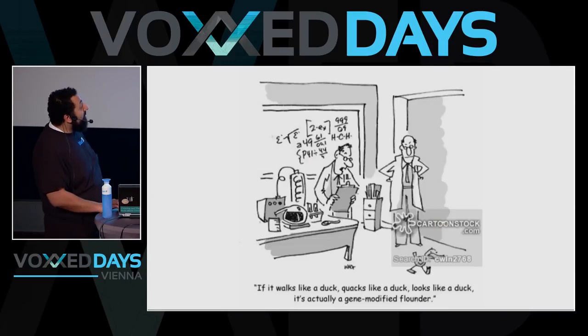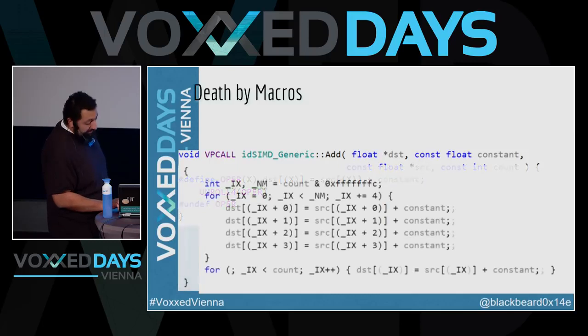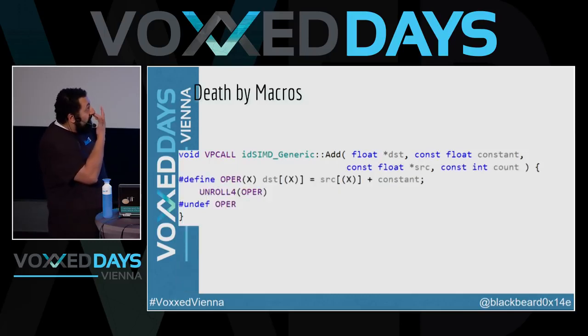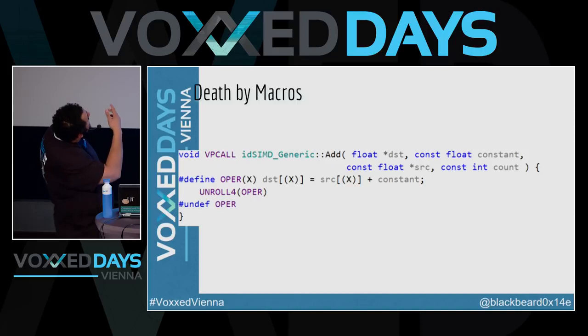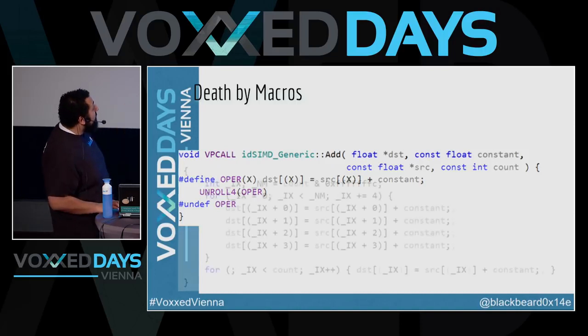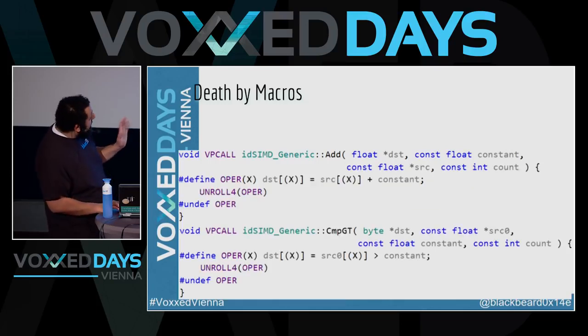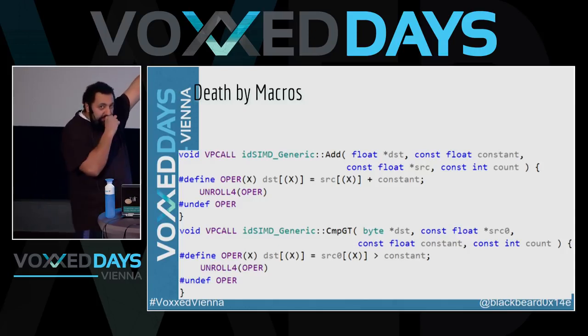So yeah, this, for example, is 4 or 5 macros, and this unrolls to something like this, which isn't very interesting, but I want to show this one, because these are the exact same macros.